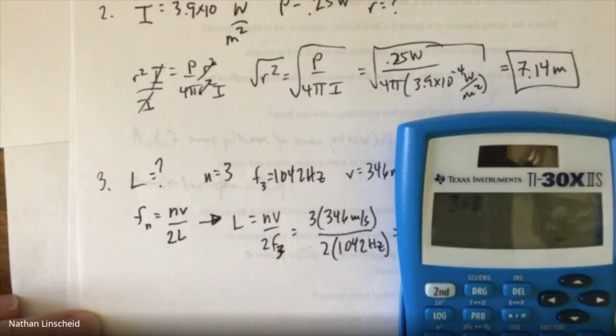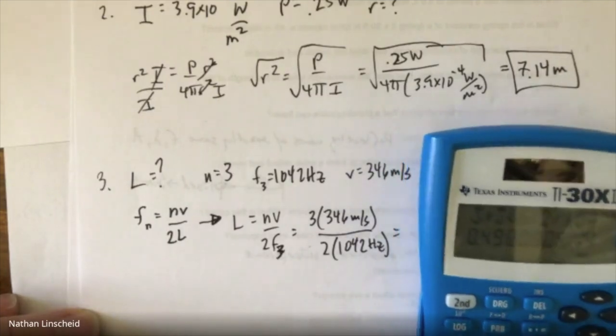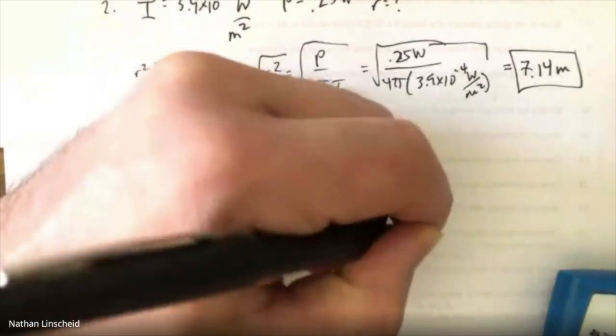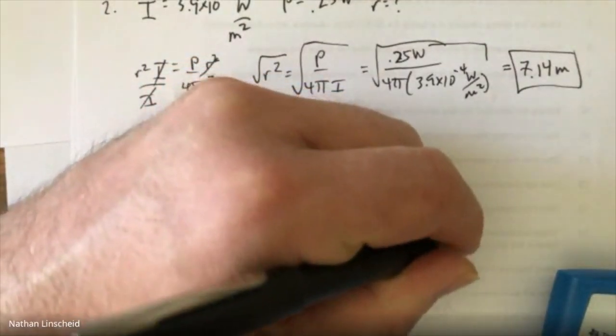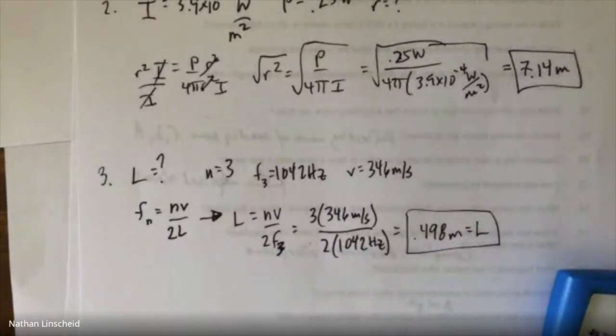So 3 times 346 divided by 2 divided by 1042 equals 0.498. 0.498 meters for how long that pipe is going to have to be.